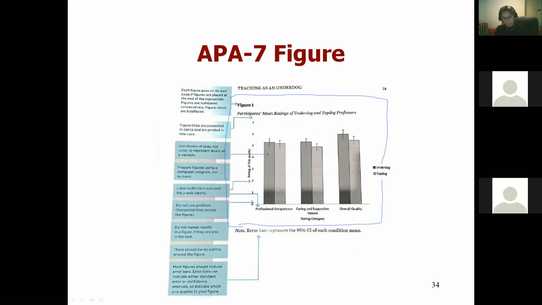We have a chapter on figures, and this chapter has an extensive set of rules about figures. So here are some examples. Your figure has to look like this. Again, Excel is not going to create an APA formatted figure. So you have to take what Excel gives you and then work with that, change things around.